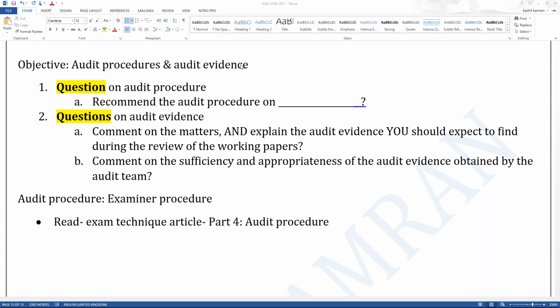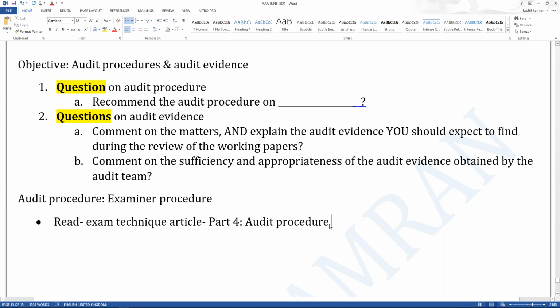Omar, obviously, I'll be covering the difference between an audit procedure and evidence once I switch from a procedure question to an evidence question. So let's first formulate what a procedure is, and then when I jump to evidence, automatically you will get the difference. So you will need to read the exam technique article part 4 on audit procedures so that you know the examiner expectation.